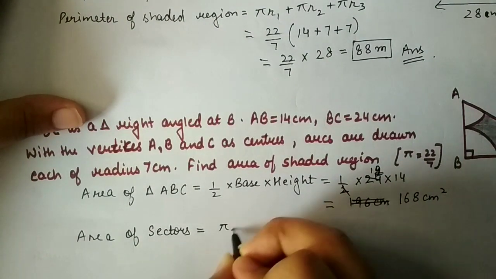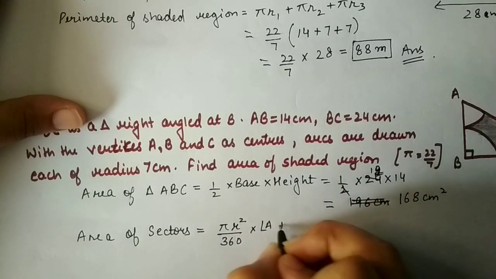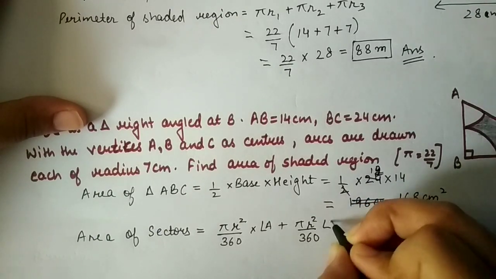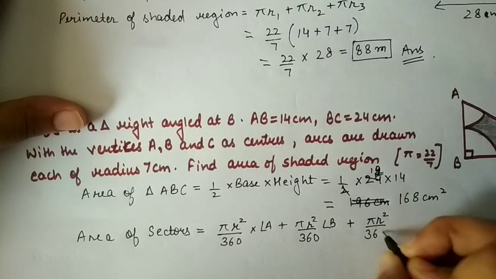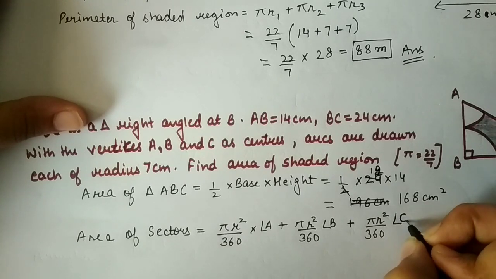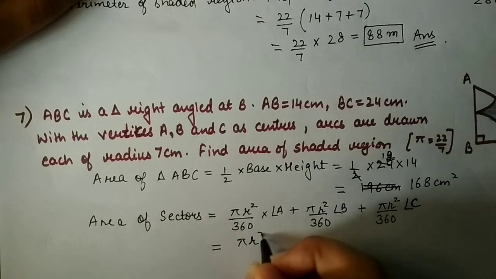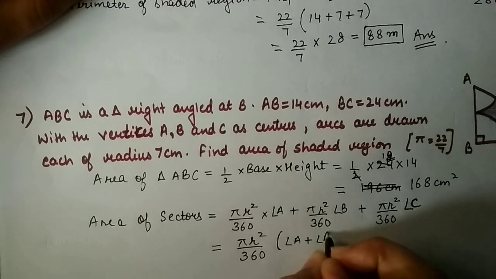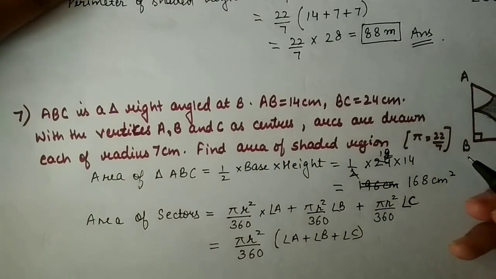Area of sectors is pi r square by 360 into angle A plus pi r square by 360 into angle B plus pi r square by 360 into angle C. From here we can take out pi r square by 360 common, and in bracket it would be angle A plus angle B plus angle C. Now sum of angles of a triangle is 180 degree.